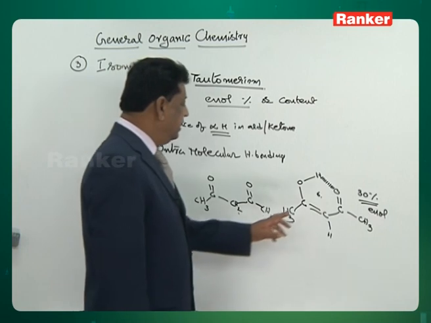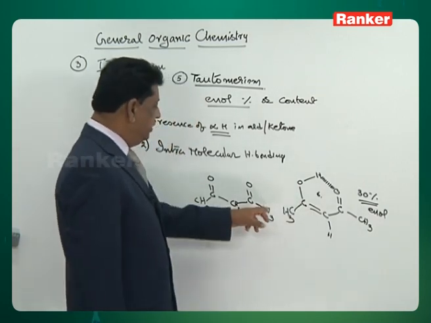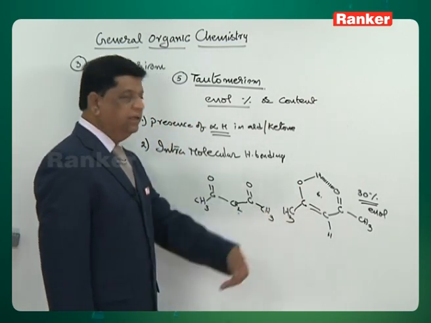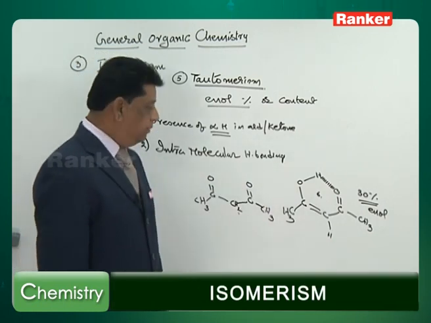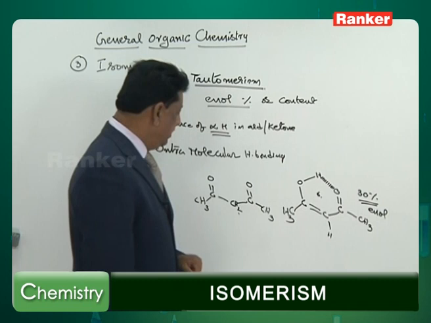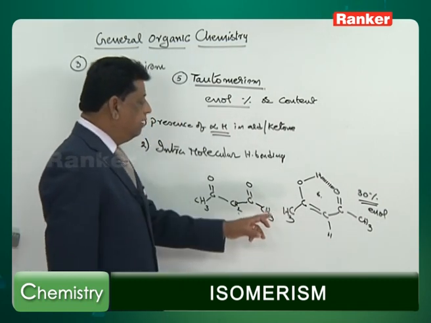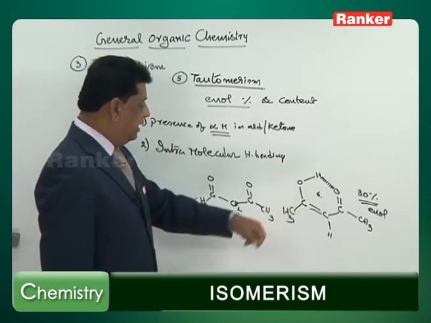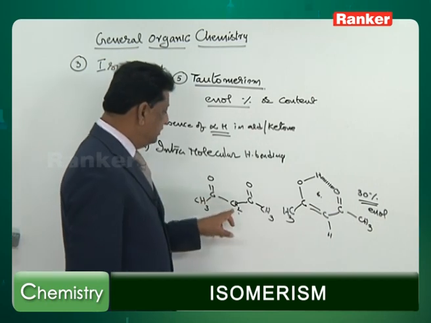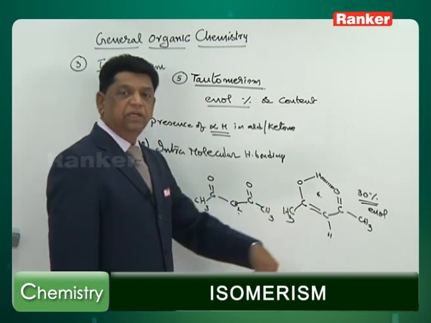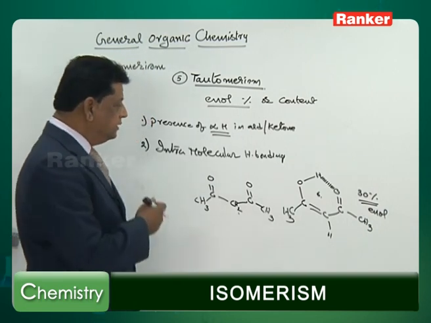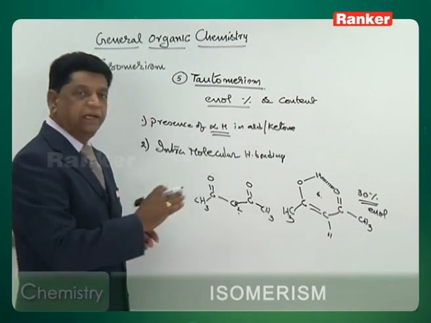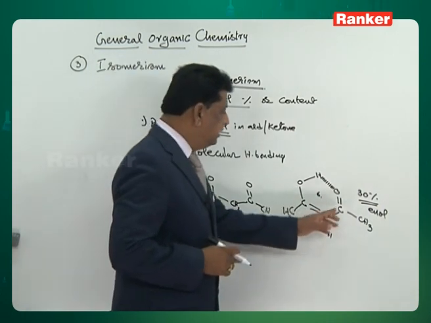So if it is a 7-membered ring, let us say the ketone is on the next carbon, the percentage decreases. So the maximum percentage you find is with the 6-membered ring size, and the number of carbons involved. If this hydrogen comes here, this carbon will be saturated. A saturated carbon in the center is not that advisable. All unsaturated carbons give planarity, and there is a conjugation in this system.